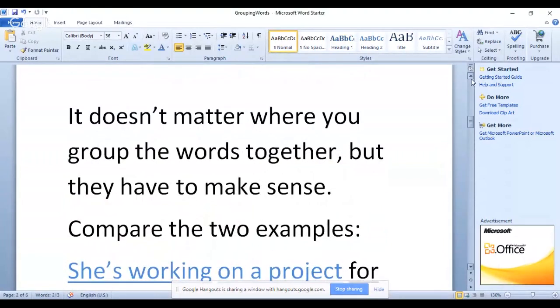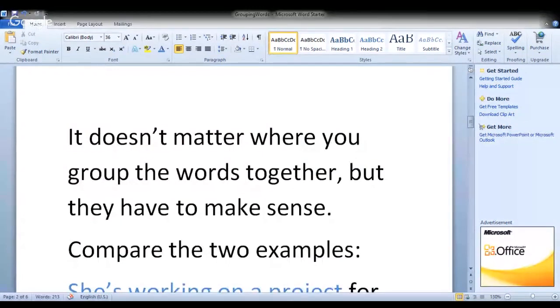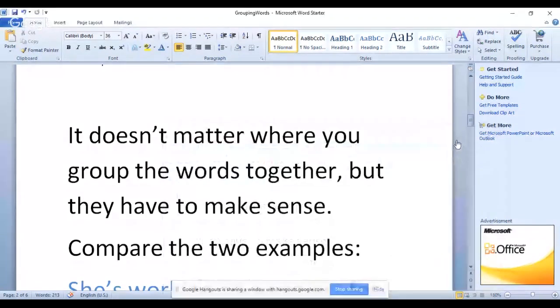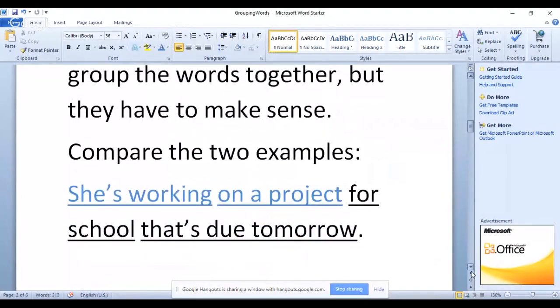Why don't you go ahead and read that? We'll save the examples. It doesn't matter where you group the words together, but they have to make sense. Compare the two examples. So this is the first one. She's working on a project for school that's due tomorrow.